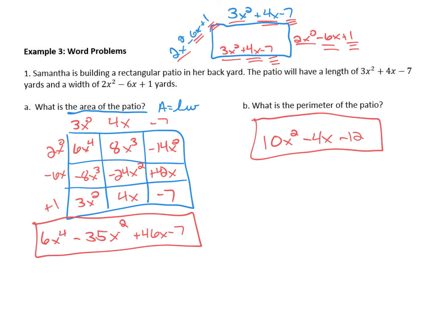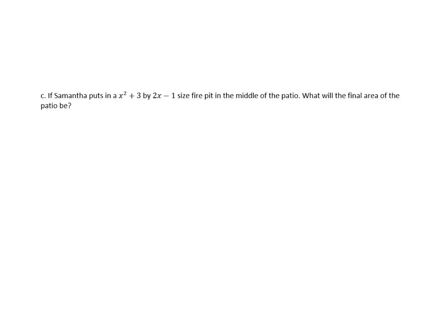Let's see what this next one is. If Samantha puts in an x squared plus 3 by 2x minus 1 fire pit in the middle of the patio, what will the area of the patio be? All right, this looks like one of our rectangles within a rectangle. We found that bigger rectangle, but now we're looking at putting another one in.